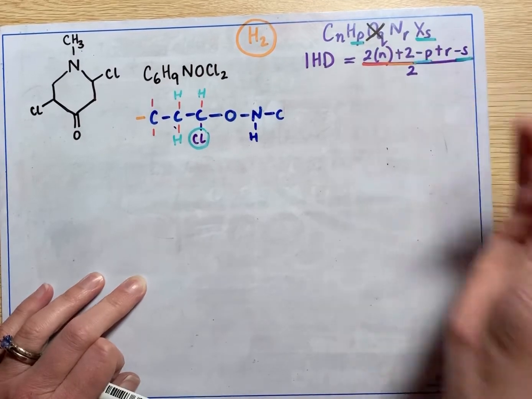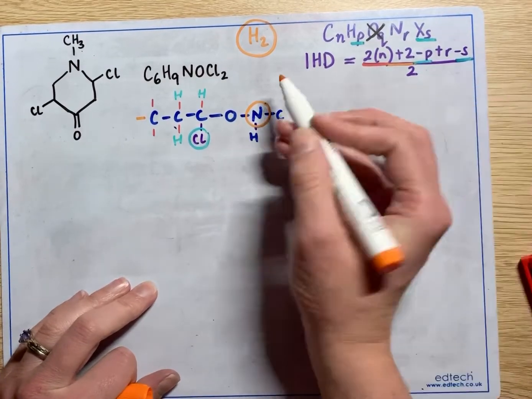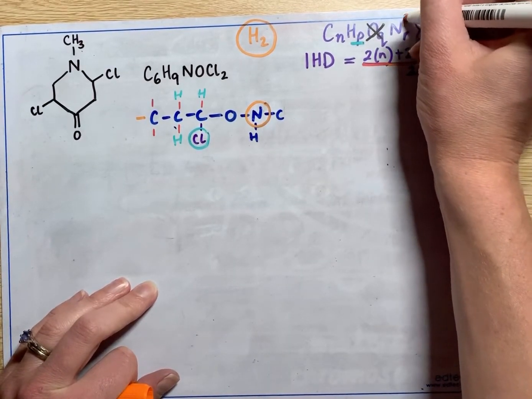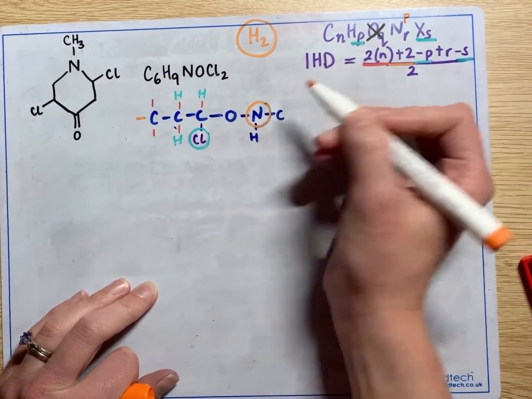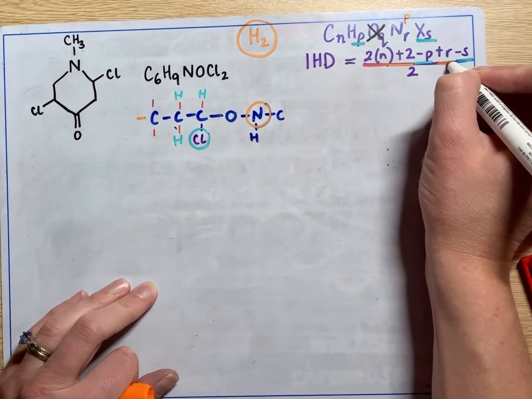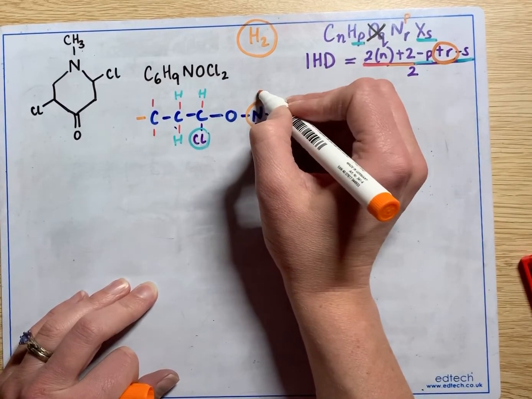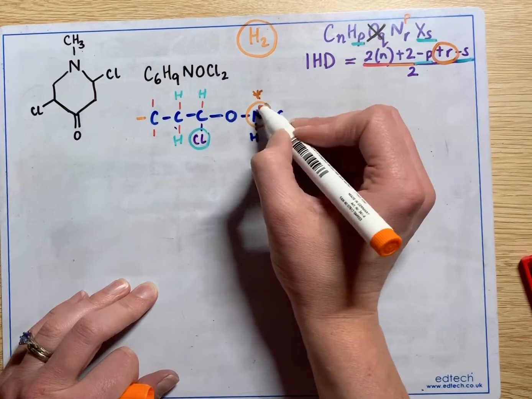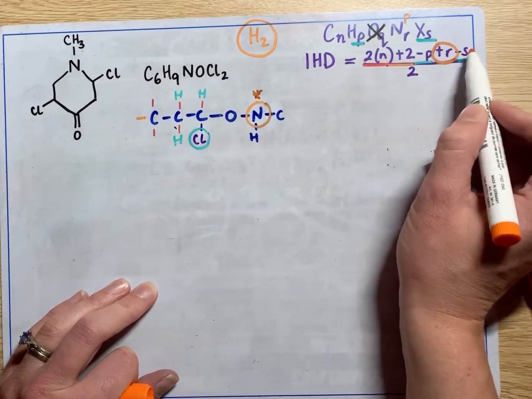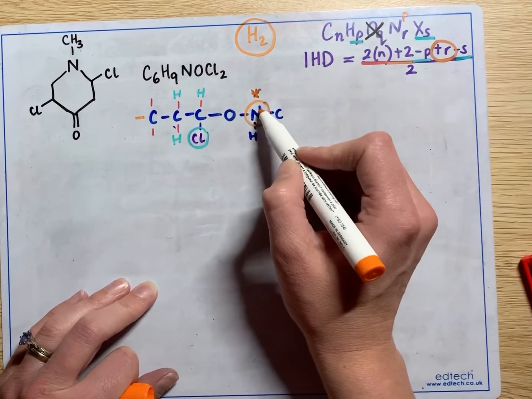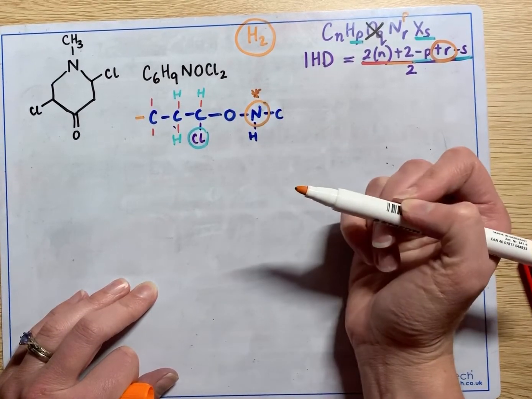So when we've got nitrogen, or it could be phosphorus, because it's got 5 valence electrons, it's actually only making 3 bonds, so we actually have to add 1 for that, because one of those spots that otherwise we'd be looking to fill with a hydrogen can't possibly be filled. So we're subtracting all the hydrogens and halogens that are already taking spots, and then we're adding 1 back in to account for if we have something like nitrogen or phosphorus that doesn't have as many available free spots as the carbons.